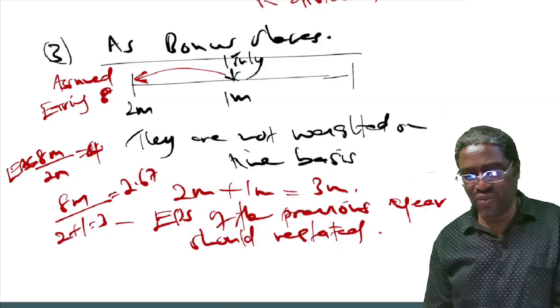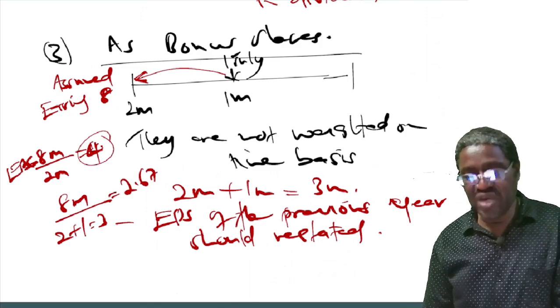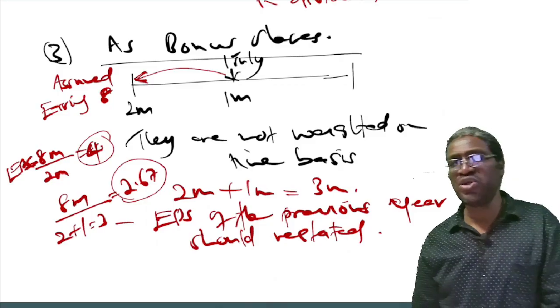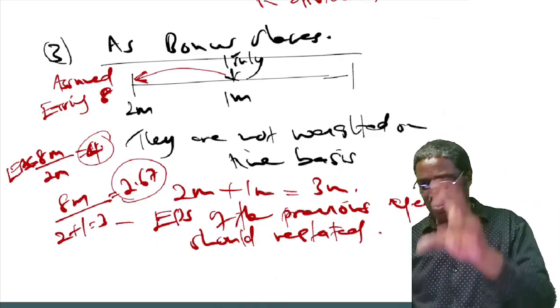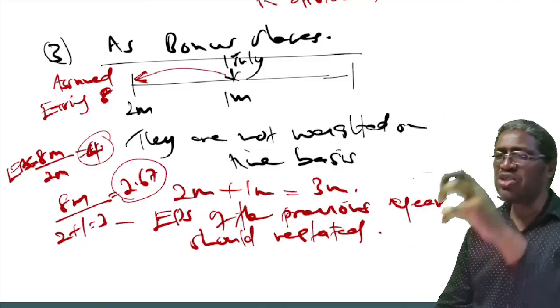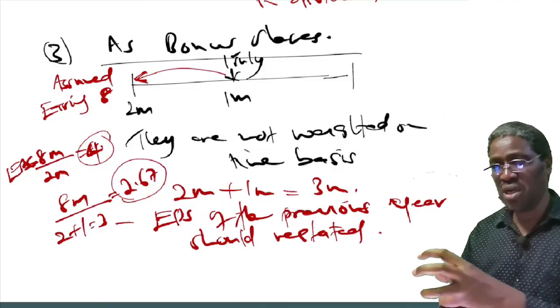So if the EPS of last year was 4, now we are saying for comparison purposes, it has been restated to 2.67. So the point is that the EPS of the previous year should be restated. How?